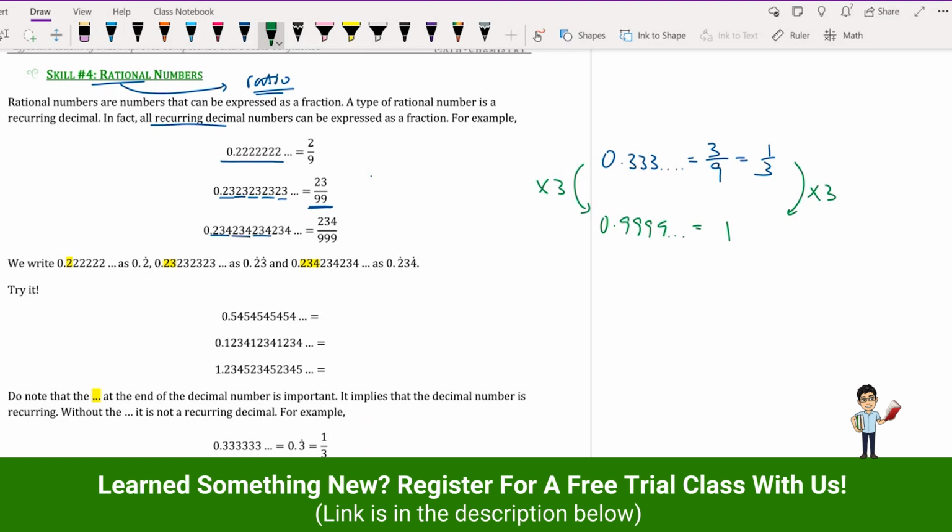It's like, wait a minute, hold on. 0.33333 I times 3, I get 0.99999, right? And then you say that this is 1/3, but then 1/3 times 3 is not 0.999. So are you trying to tell me that 0.99999 is equal to 1? It's debatable. You're going to fight it out. Some people say yeah, they are the same. But some people are going to tell you no, they are not the same. Good luck.